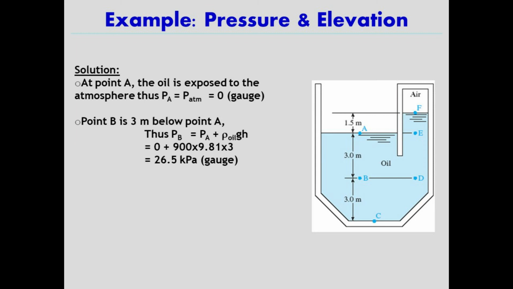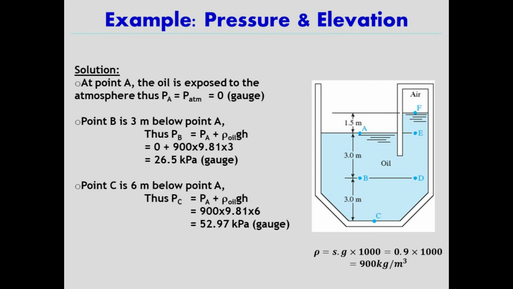They didn't give you the density of oil, but they give you the specific gravity of oil, which is 0.9. Then you can calculate the density. Density is equal to specific gravity times the density of water of 1000. 0.9 times 1000 equal to 900. Okay, now you get the density of the oil is 900 kilogram per meter cube.